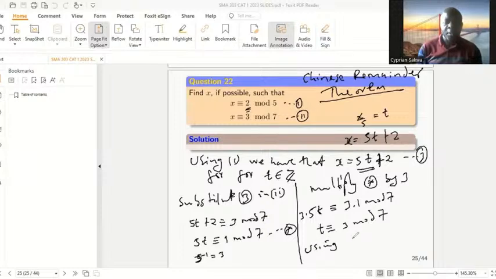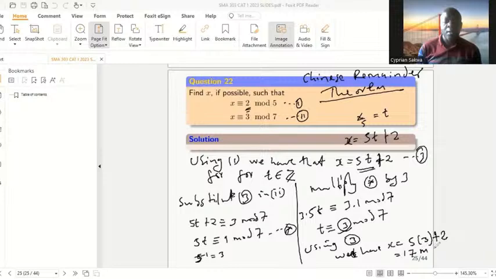Using equation 3, we substitute t. We have x as 5t plus 2, which is 15 plus 2, 17 mod.